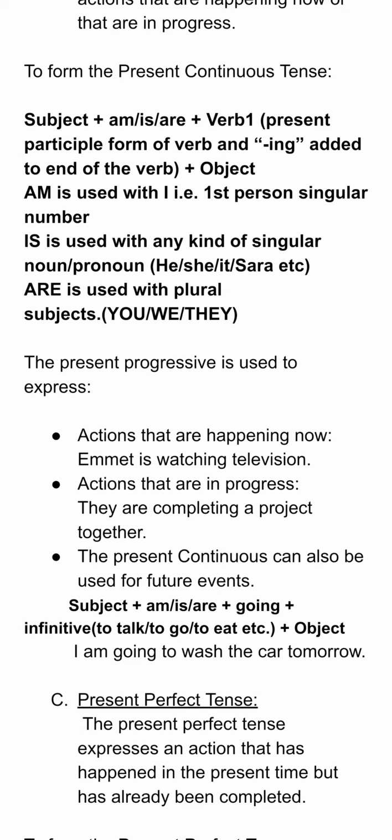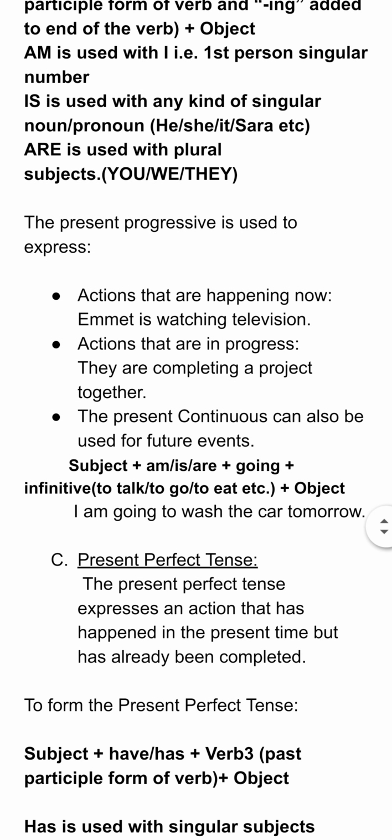In such sentences, the structure will be subject plus am is are plus going plus infinitive. Infinitive means adding to a verb like to talk, to go, to eat, etc. plus object.